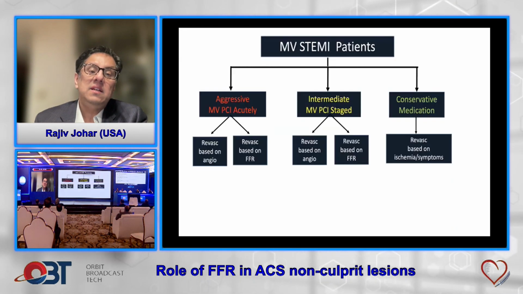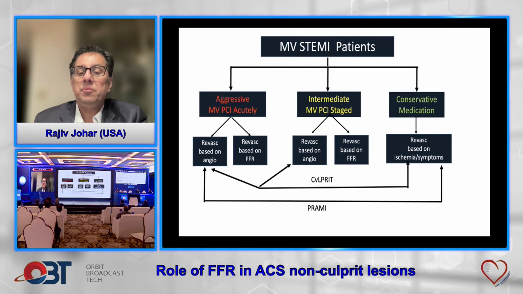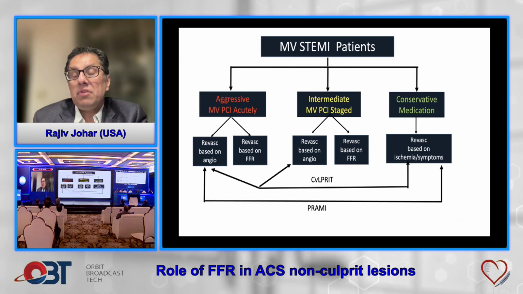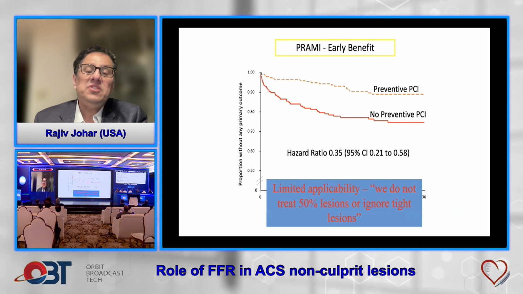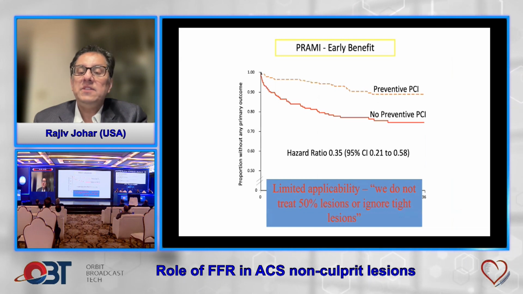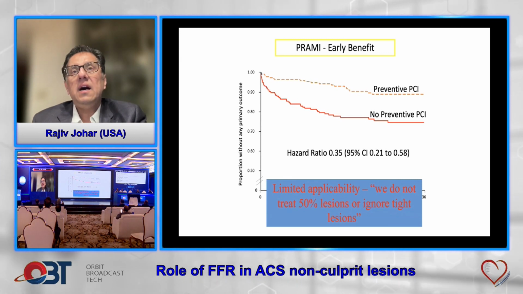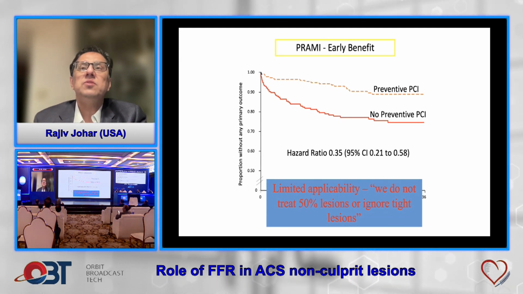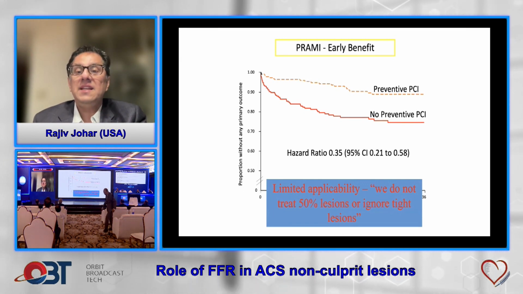Do we have enough evidence? Well, if you look at the original data using angiographic basis with PRAMI and culprit, PRAMI did show some benefit, but the reality is that PRAMI was looking at any lesion that was 50%, and I'm sure that nowhere are we treating 50% lesions, or are we ignoring tight lesions? So there's limited applicability there, and we all know that this oculostenotic reflex that we have is undermined by physiology, that what we think is significant when we do physiology is not significant, and vice versa.